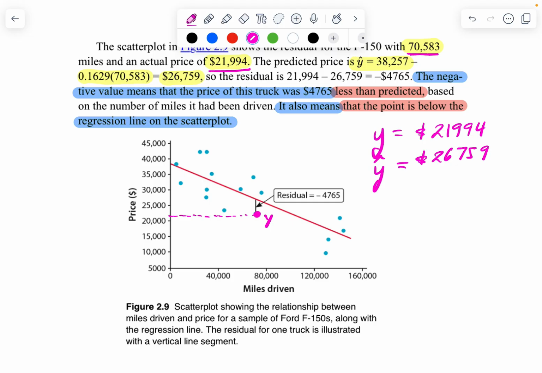The predicted value is the corresponding value on the linear regression line for 70,583 miles. If you read that over, that is the predicted value of about $26,759. The distance between the actual and predicted value is called the residual.